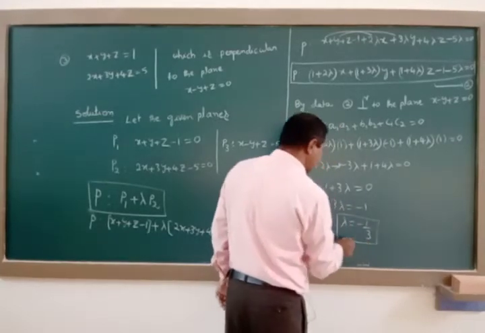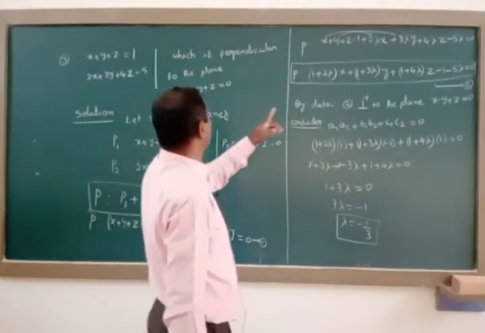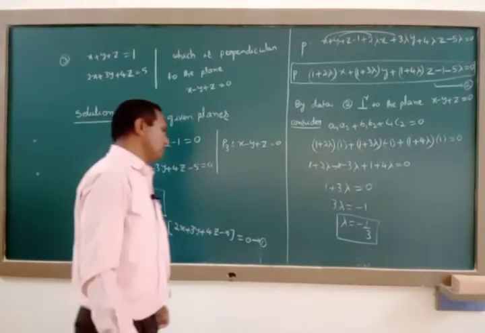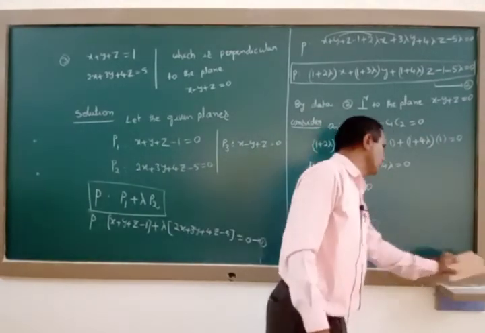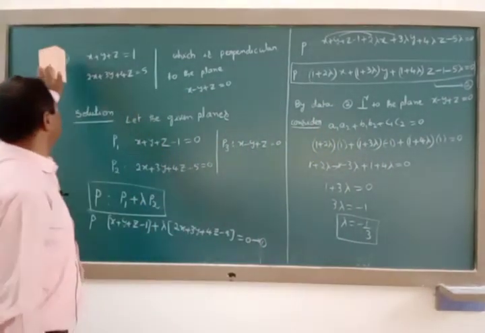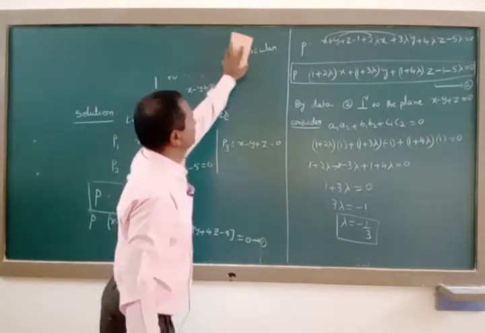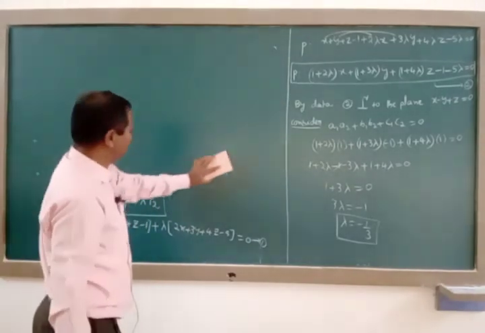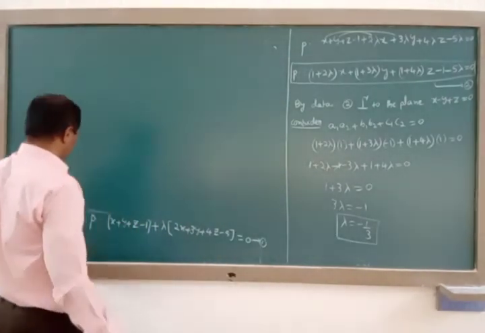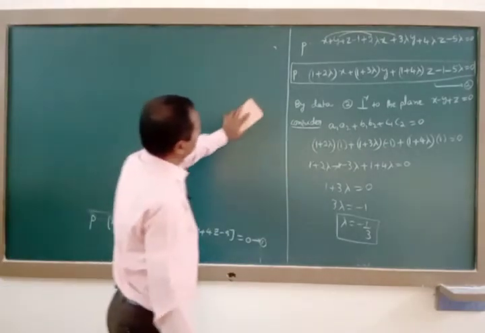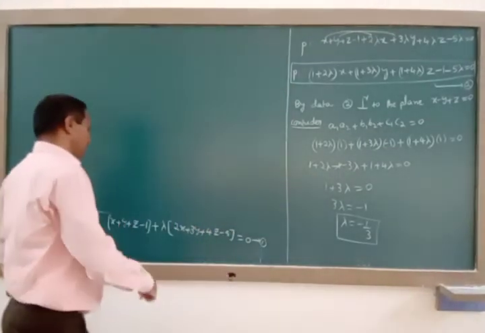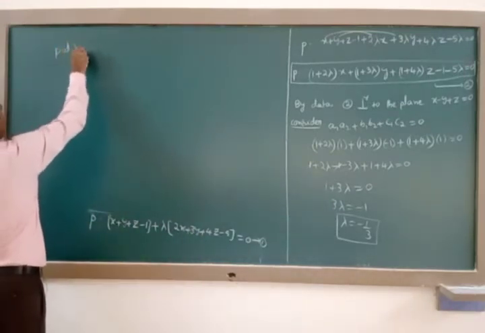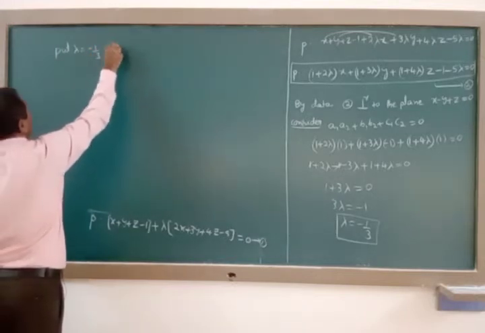Put this lambda is equal to minus 1 by 3 in equation number 1. You will get the required equation of a plane. Substitute lambda is equal to minus 1 by 3 in 1.